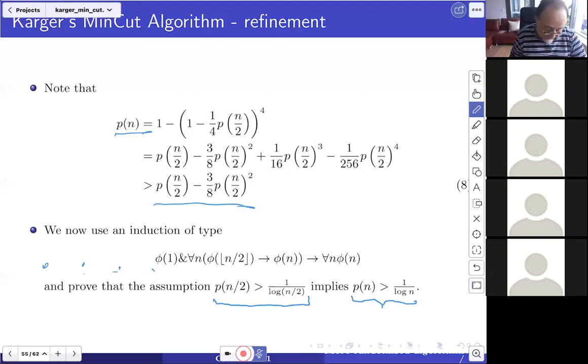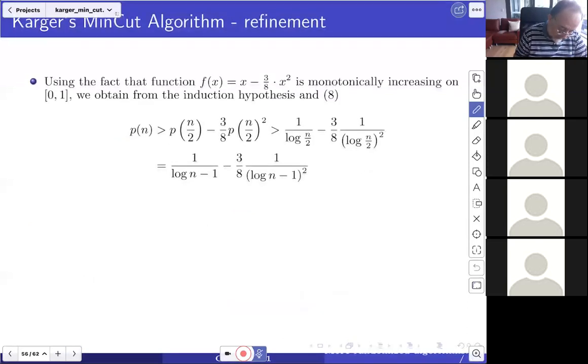Okay. So what happens? Well, we have this inequality. By assumption, this is larger than 1/log(n/2), so we get that this is larger than 1/log(n/2) minus 3/8 divided by log(n/2) squared.